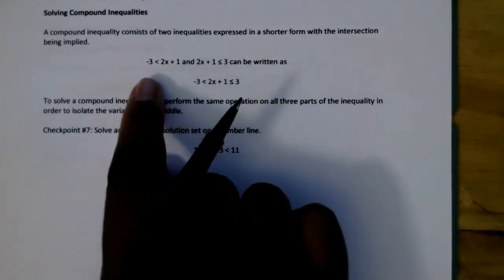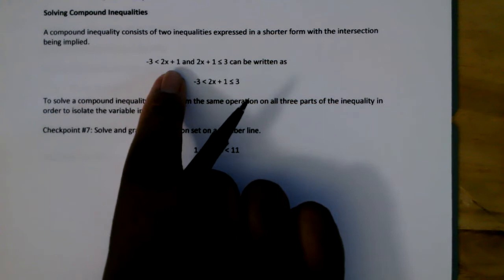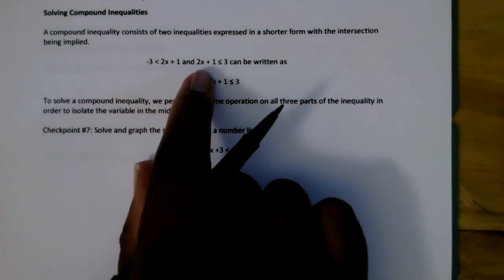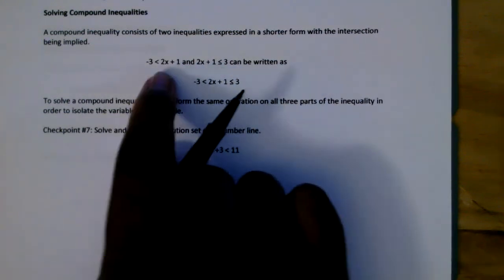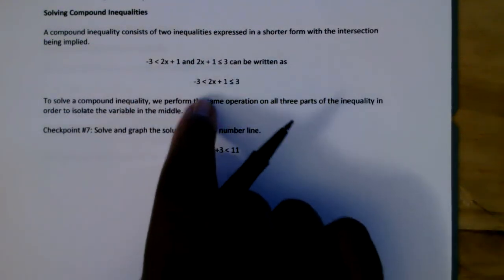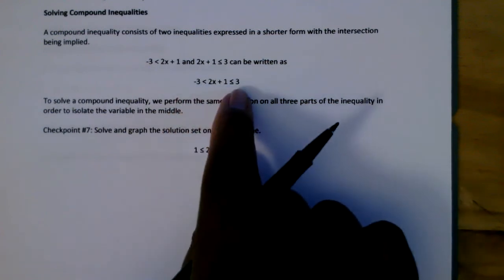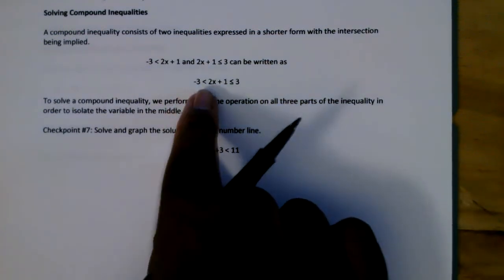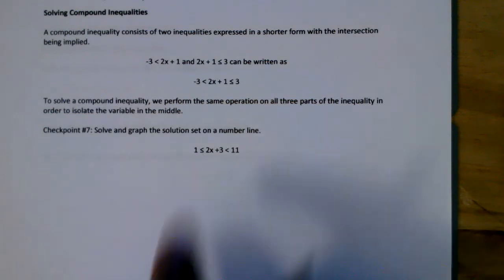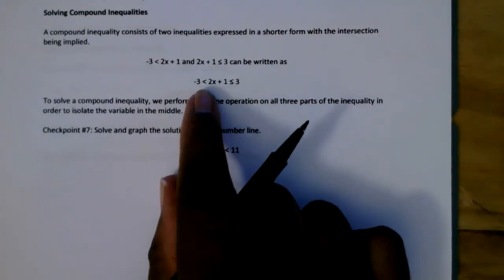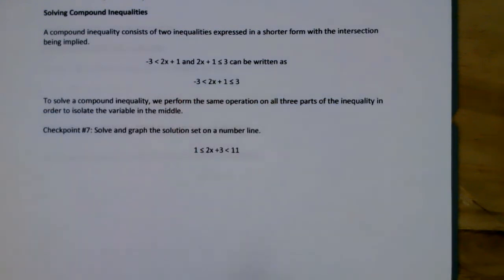So in this case, if I have negative 3 is less than 2x plus 1 and 2x plus 1 is less than or equal to 3, these two can be combined using the intersection, and it can be written like this: negative 3 is less than 2x plus 1 and less than or equal to 3. Or more appropriately read, 2x plus 1 is greater than negative 3 and less than or equal to 3.